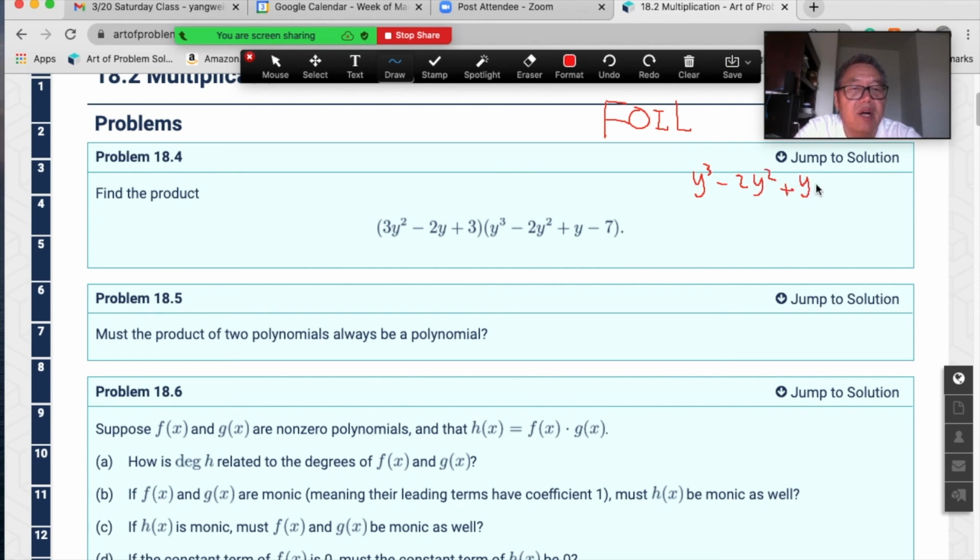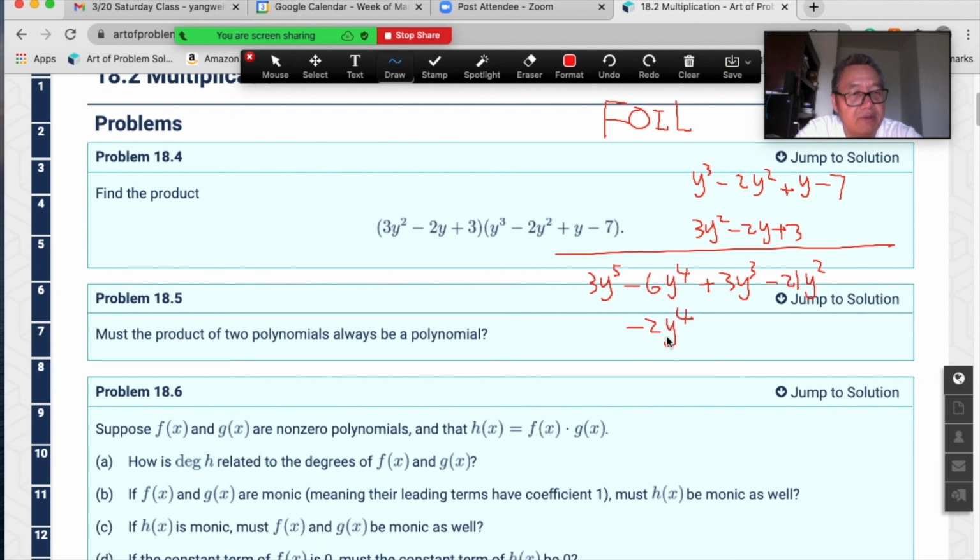y minus 7 times 3y squared minus 2y plus 3. To do this multiplication, use this one times this, you get 3y to the power 5. Then this one will be minus 6y to the power 4, this one plus 3y cubed, then minus 21y squared. Then negative 2y times y cubed gives negative 2y to the power 4.